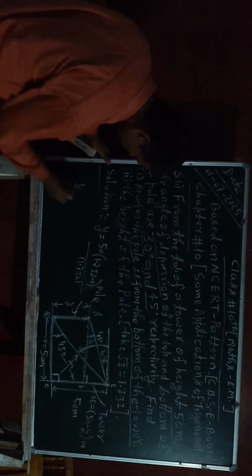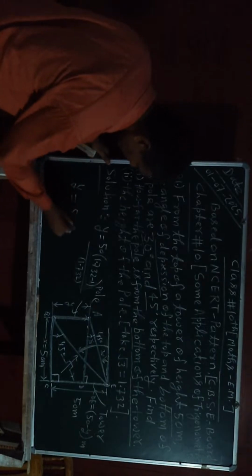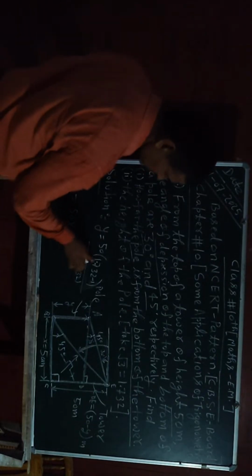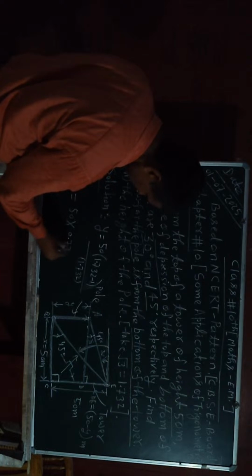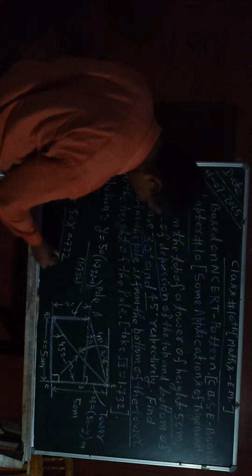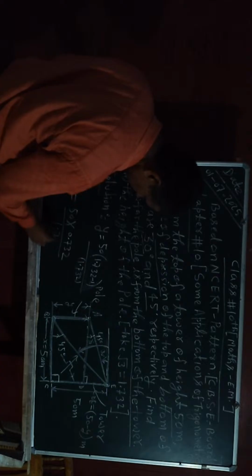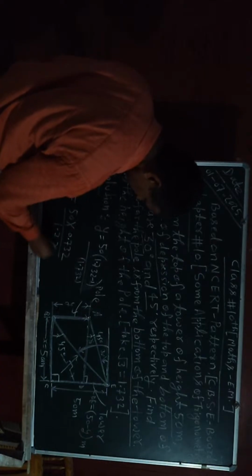So y is equal to 50, and here I will subtract 1.732, so 1 will be cancelled out. So here I will put 0.732 divided by 1.732.